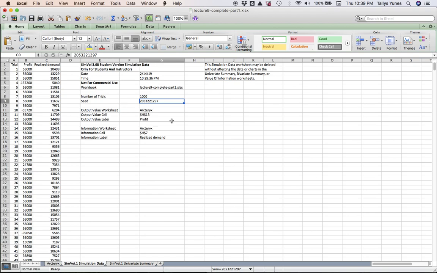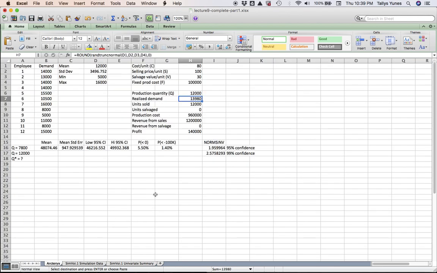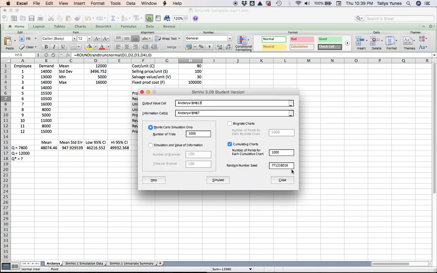So for here, let's just copy this seed, and you can copy whichever one pops up on your computer. Go back to the simulation and bring that up again. And I want to paste that seed that I copied here.